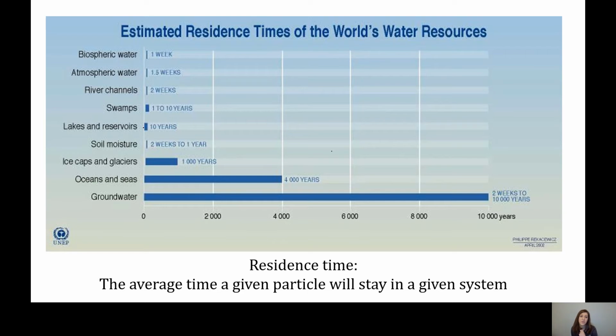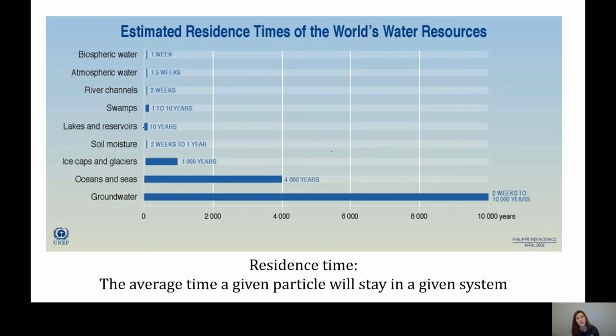So the general pattern that we see is that whenever we have a body of water that is moving constantly, like a river or a stream, we're going to see a much lower residence time. And the larger a body of water, the higher the residence time, and also the more likely it is to evaporate, the shorter the residence time. So if you look at groundwater, it is deep underground, no roots touch it, no sunlight touches it.